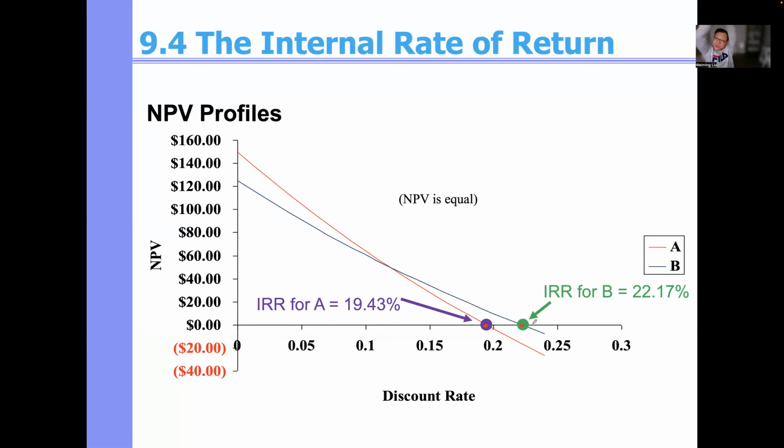So when your curve of the net present value crosses the x-axis, those points are the internal rate of return. The red line and this blue line cross over each other, and at that point, net present value is equal.